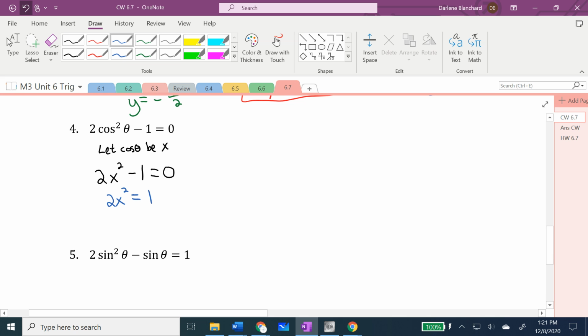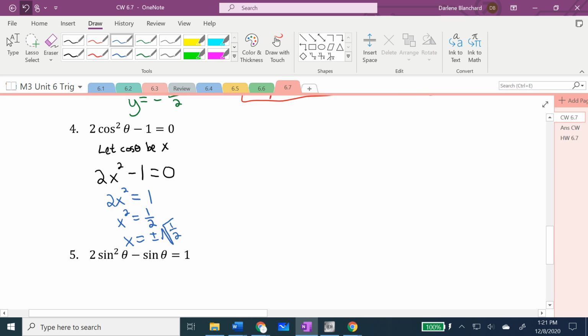So we add the 1, then divide by 2, and what's the next step? And what do you have to remember when you take the square root? Good, plus or minus. That means I've reached the point of saying x is equal to plus or minus the square root of 1/2.